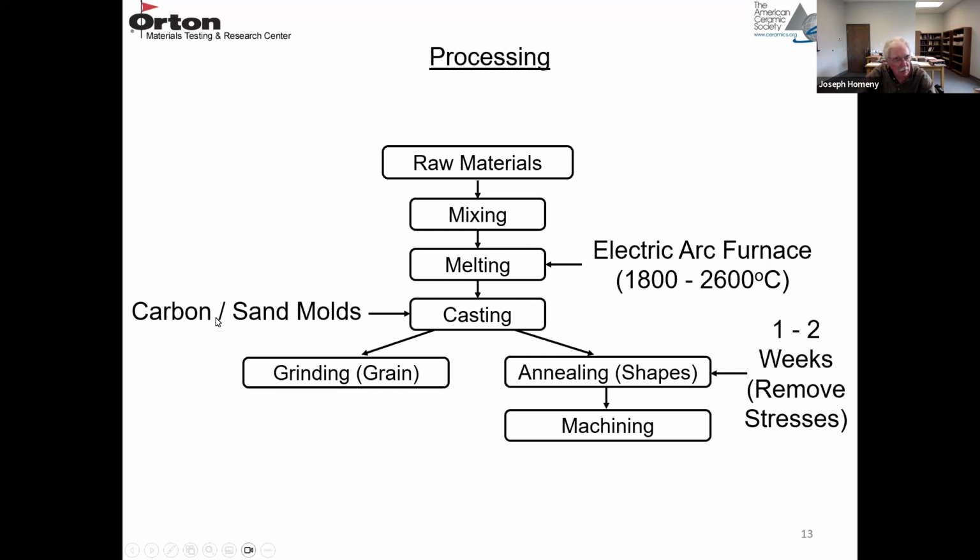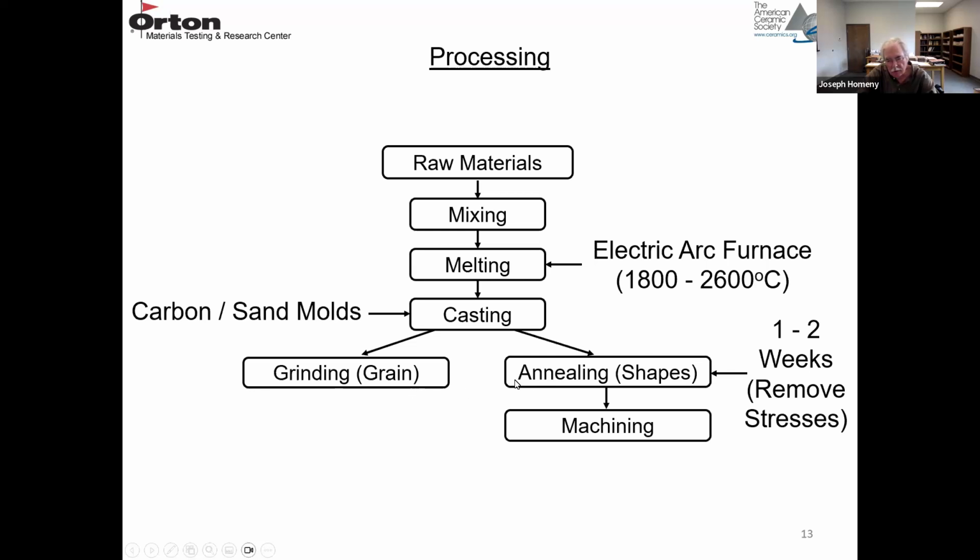But the carbon or graphite is very stable at high temperatures. So these ingots can be quite large.